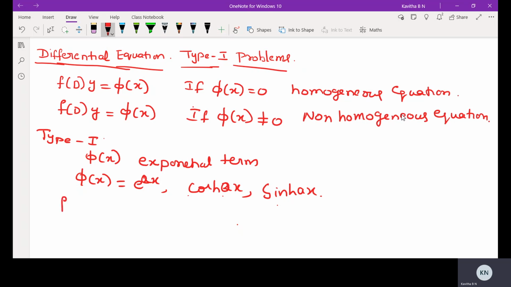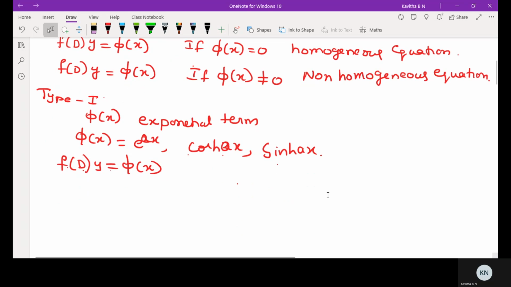The general form of the differential equation is f of D of y is equal to phi of x.